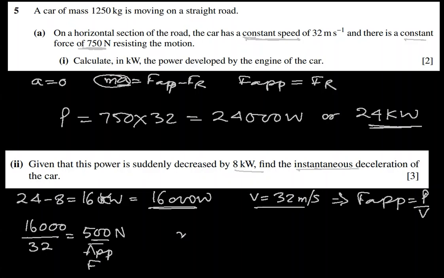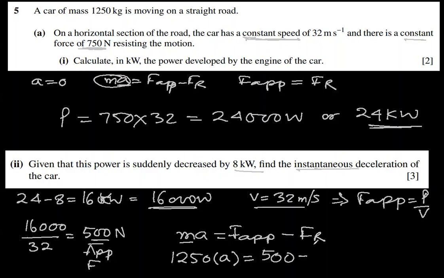Now we'll use the same equation again that we've been using for a long time. Ma is applied force minus resistive force. Mass is 1250 of the car. Acceleration we want to find out. Applied force is now 500, and resistive force remains how much? 750, right?